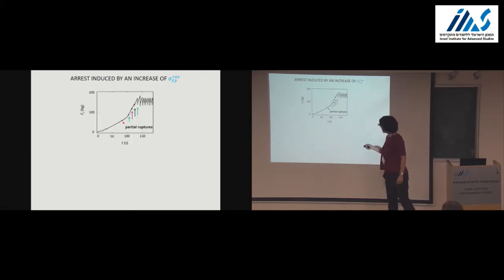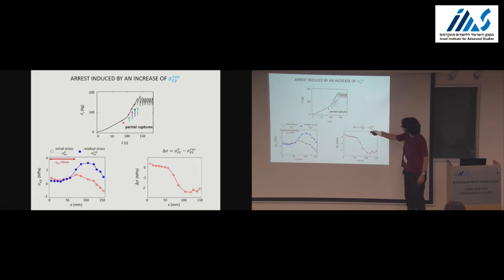Again, in this experiment, we observe partial ruptures during the loading. If we look at this first partial rupture, for example, we measure the initial stress, the red curve here, and we see that in the lubricated patch, I have the arrow here to show you where it is located, the initial stresses are higher than the residual one. However, in the dry part, they are much lower than the residual stress. Delta sigma becomes significantly negative.